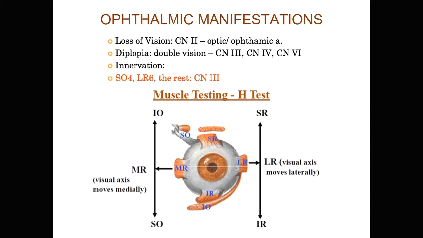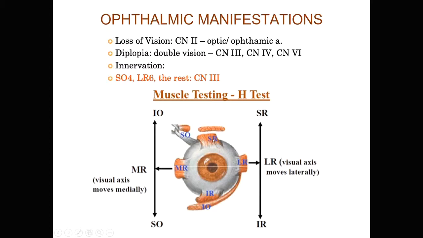Innervation for those, SO4, as we talked about, is your superior oblique muscle, and that's controlled by the trochlear, or cranial nerve 4. Your lateral rectus, LR6, is going to be your abducens nerve, cranial nerve 6, and all the rest are your cranial nerve 3. So what are all those muscles? Superior rectus, inferior rectus, and medial rectus, these guys right here, in addition to inferior oblique.